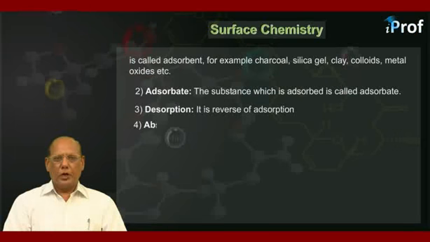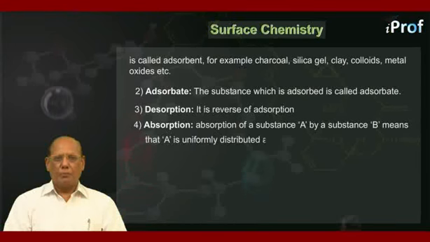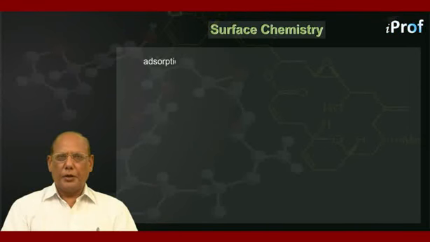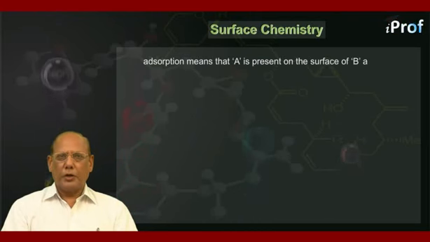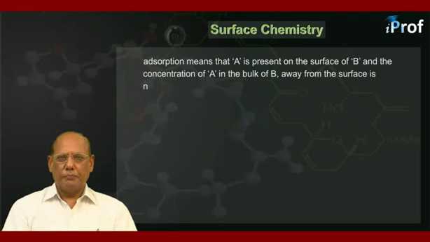Number 4, absorption. Absorption of a substance A by a substance B means that A is uniformly distributed all over B. On the other hand, adsorption means that A is present on the surface of B and the concentration of A in the bulk of B away from the surface is negligible.